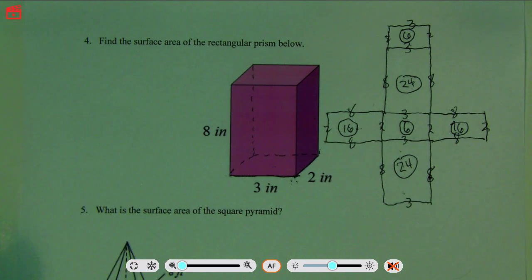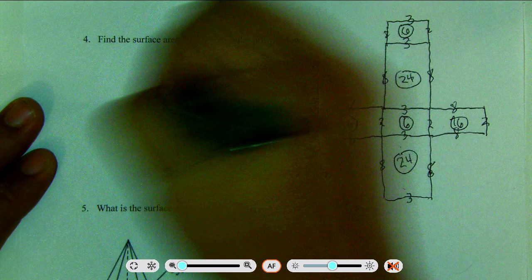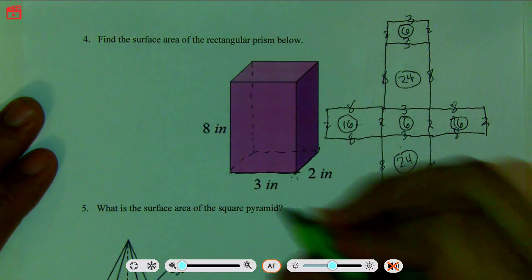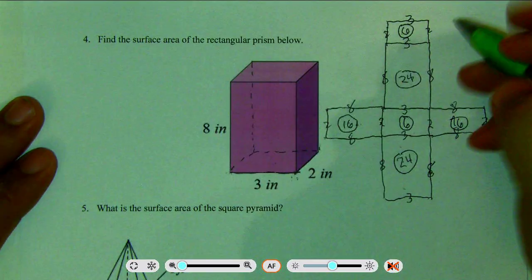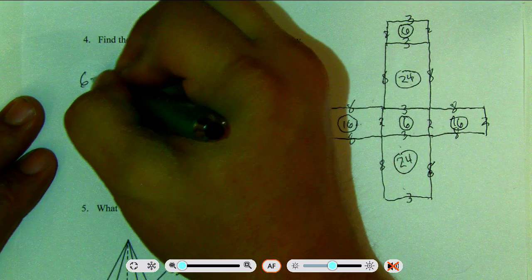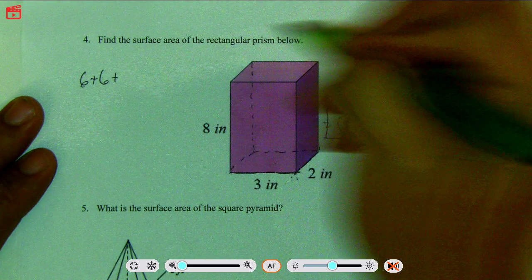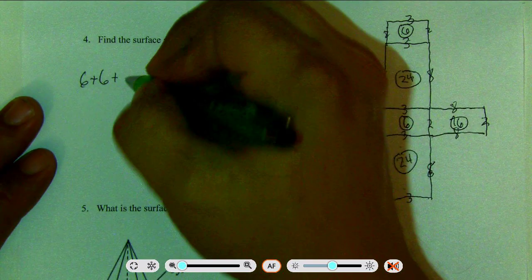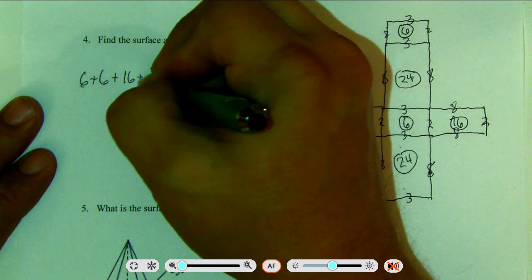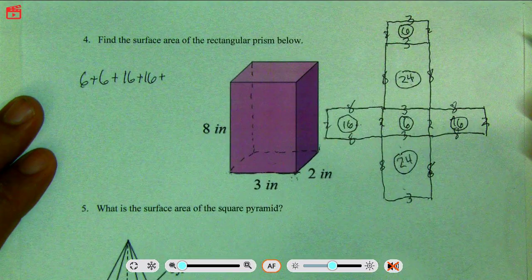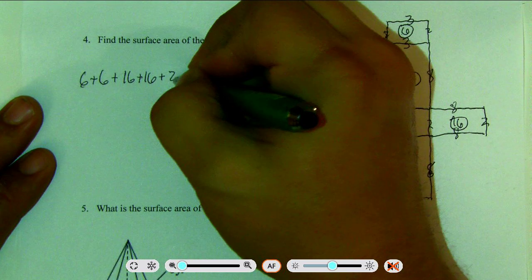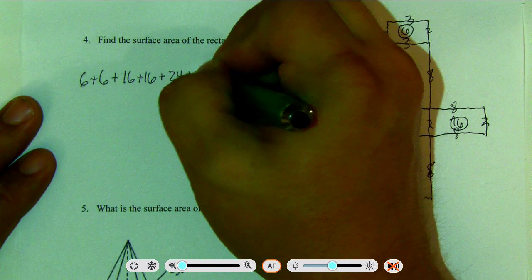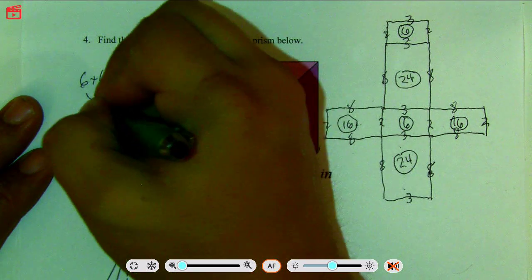We add them together for the total surface area of this rectangular prism. So we're going to go to the left side and we're going to write this out. So now I'm going to organize. So 6 plus 6 plus 16 plus 16 plus 24 plus 24. And that makes 12.